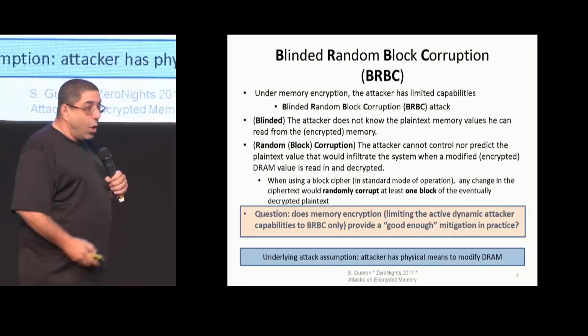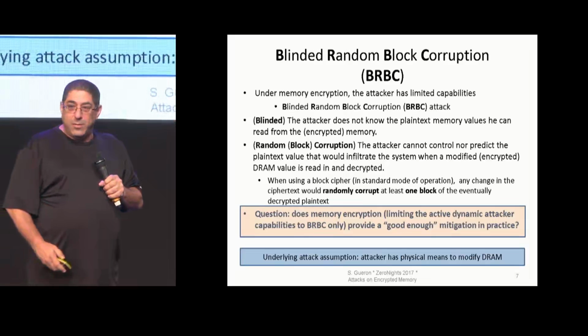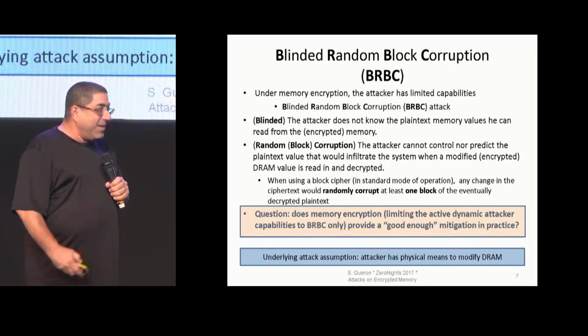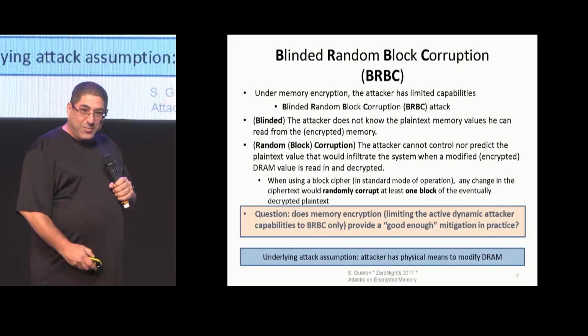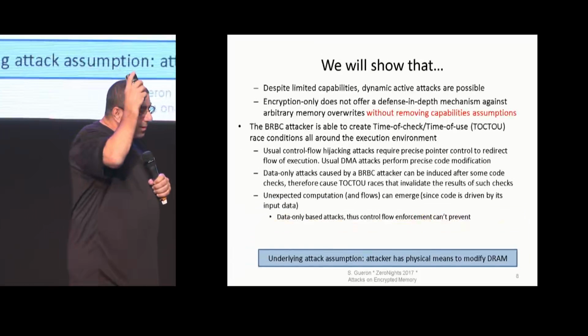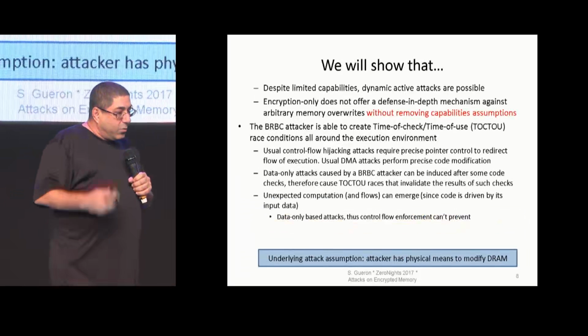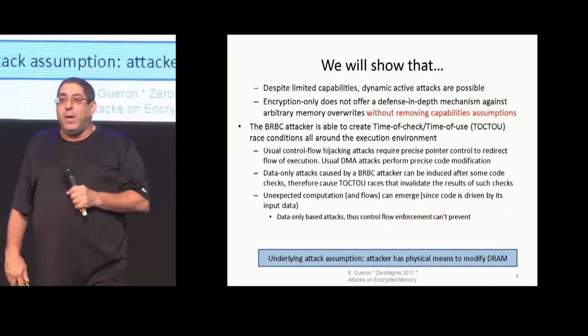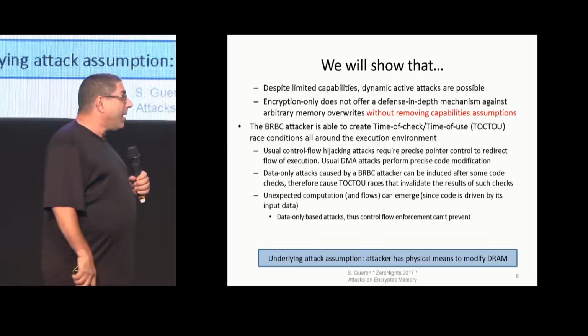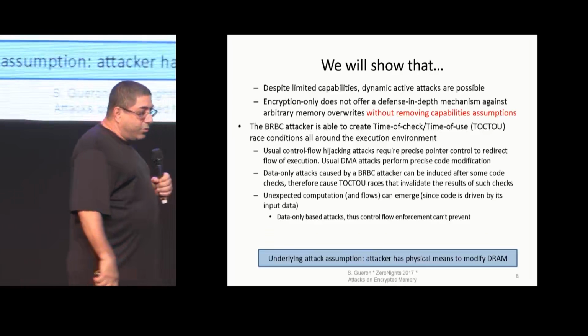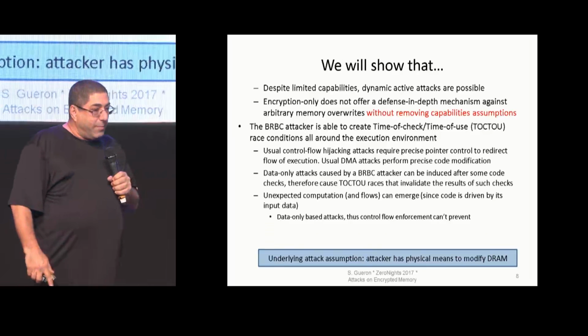I think you can guess no, right? Otherwise, I wouldn't be here giving a talk about memory encryption not being enough. So here is the bad news: it's not good enough. Although the capabilities of the adversary are very limited, still you can do a lot of damage.